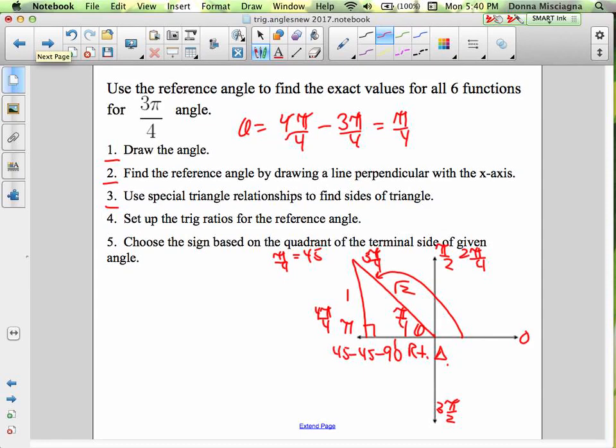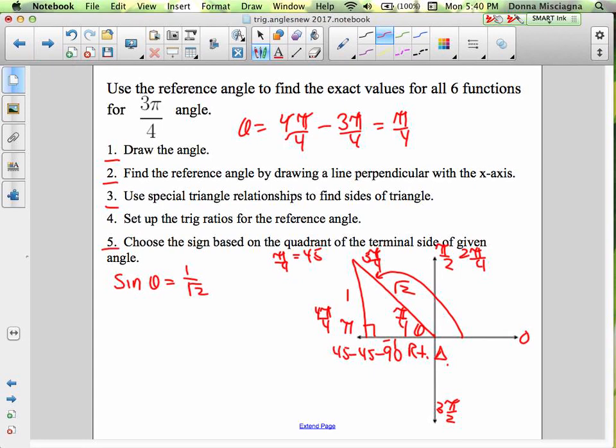All right, so now we're going to set up the trig ratios. We're going to do all 6 of them here. Sine theta, I'll just say it, I won't write it down: opposite over hypotenuse. So that's going to be 1 over the square root of 2. Oh, one thing. This one here is negative, because the x's are negative, so we have to make sure we have the right sign.